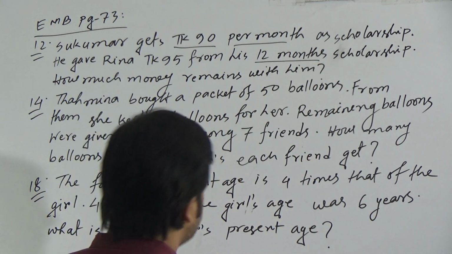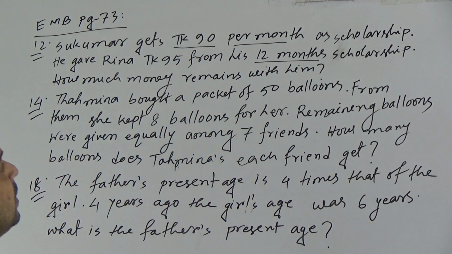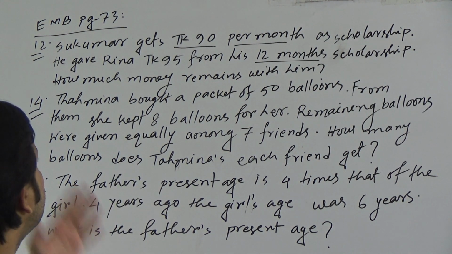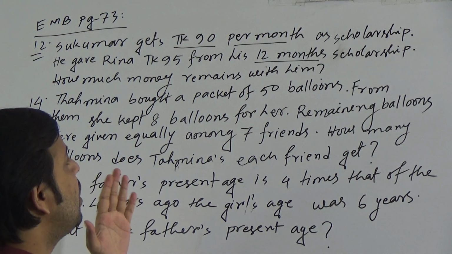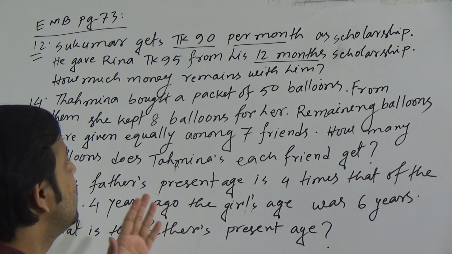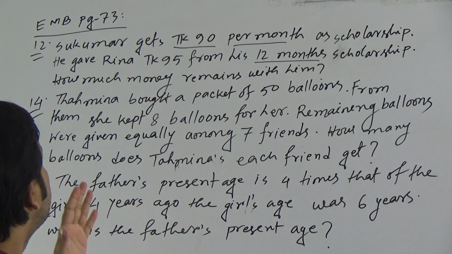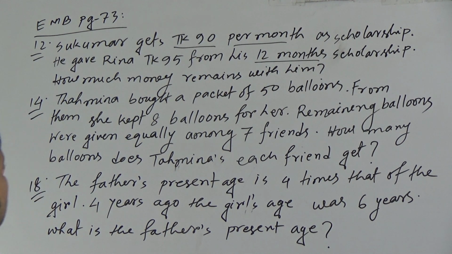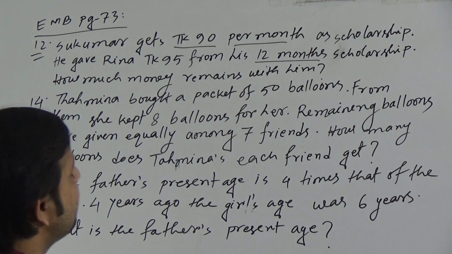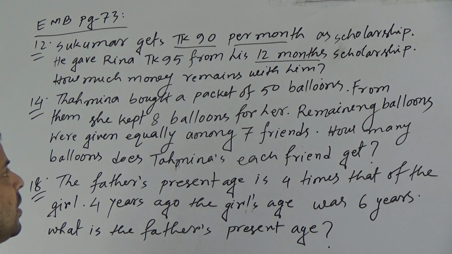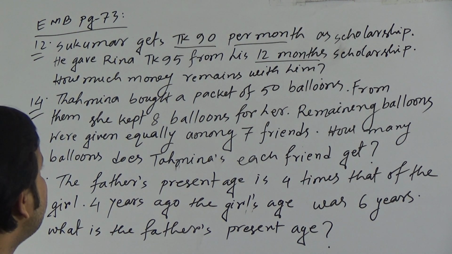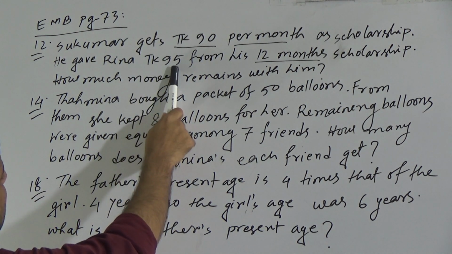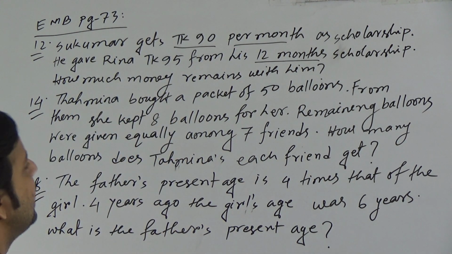12 months scholarship. It means that we have to find the total amount of 12 months that will be received by Shukumar. Then from that money he will give 95 taka to Rina.